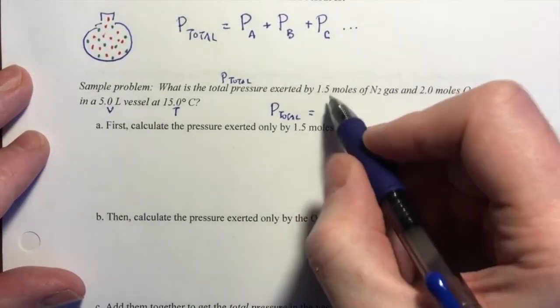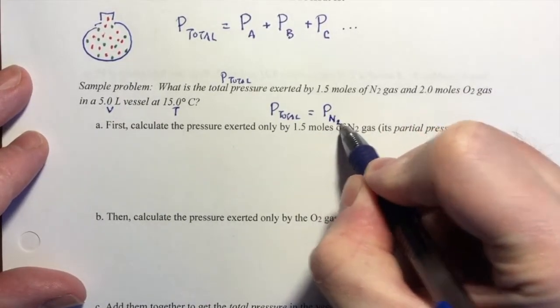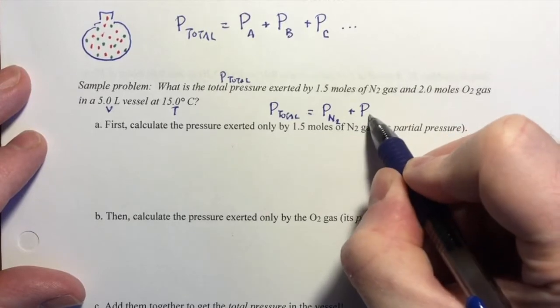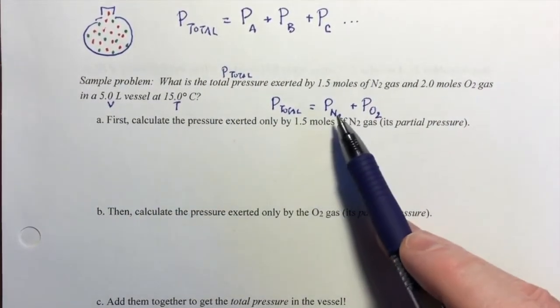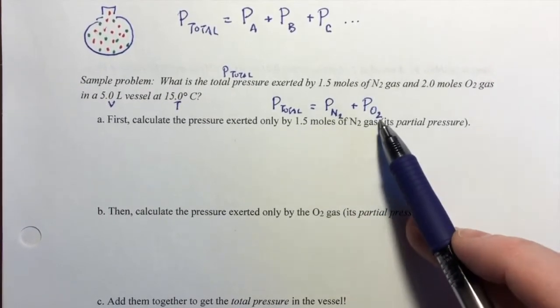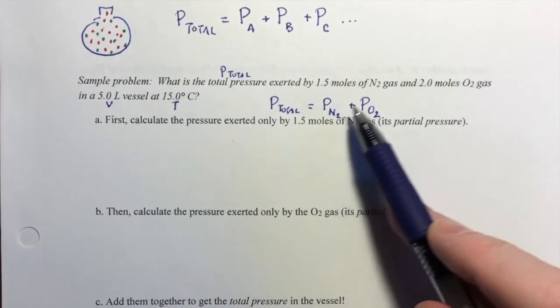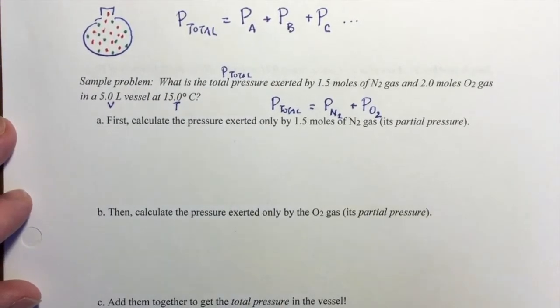So the total pressure is going to be the pressure due to the N2 gas plus the pressure of the O2 gas. So using Dalton's law, if I can find out what the pressure of the nitrogen gas is and the pressure of the oxygen gas is, I can add them together and get the total pressure in this 5.0 liter vessel. A vessel is just another word for a container.